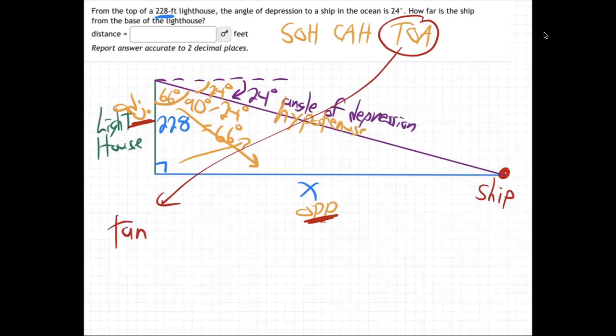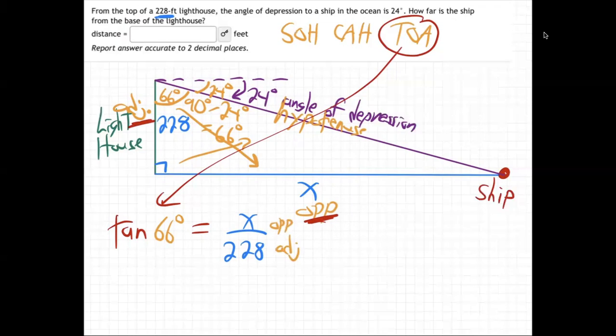Tangent of... not 228 degrees, I'm getting crazy. Tangent of 66 degrees equals X over 228, right? Because that's opposite over adjacent.